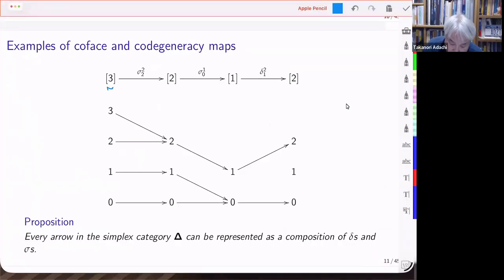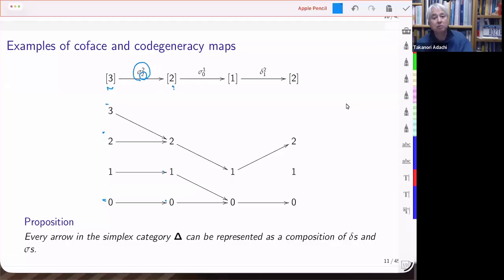These are finite sets. Bracket 3 consists of 0, 1, 2, 3, the four elements, and bracket 2 is 0, 1, 2, three elements. And this sigma is defined like this. Here, the important thing is that this subscript 2 means we duplicate the arrow at the target 2.